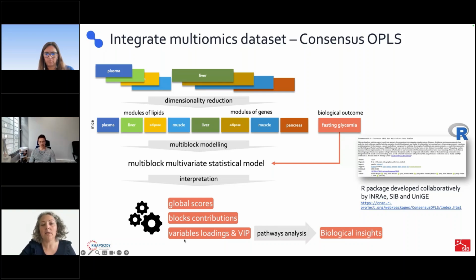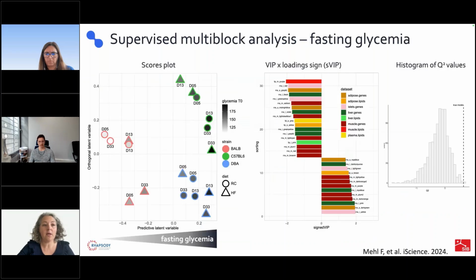And with the loadings and VIP, you want to understand better how the variables are behaving and are able to predict your response. So here, as we are in the orthogonal framework, we predict the response with the first component, which is called the predictive latent variable.